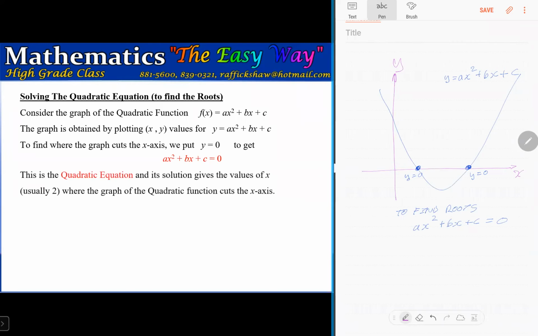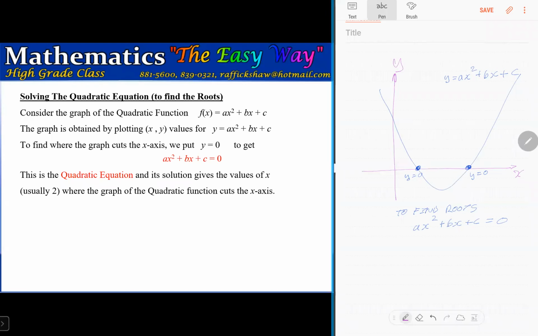That equation is the quadratic equation. And its solution gives the values of x, and there are usually two values that you get, because there are usually 2 points. I'm going to show you some other possibilities just now. And it shows the values of x where the graph of the quadratic function cuts the x-axis.